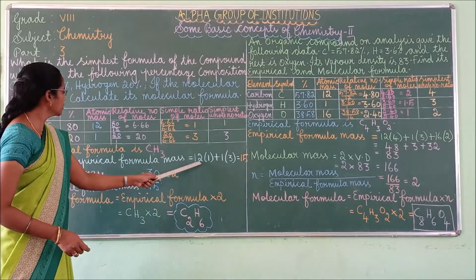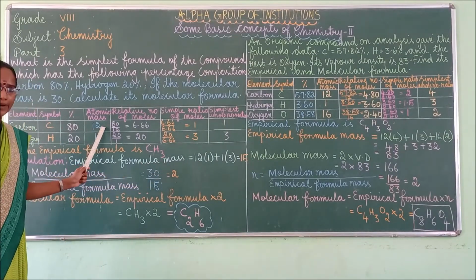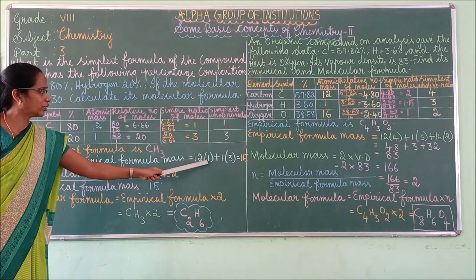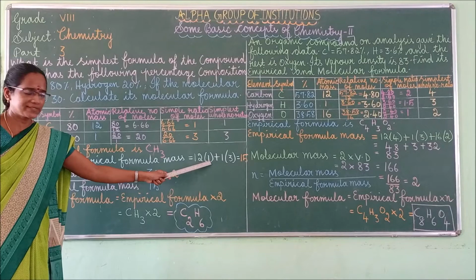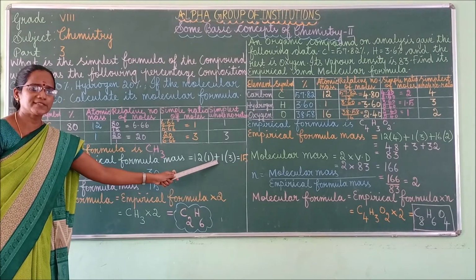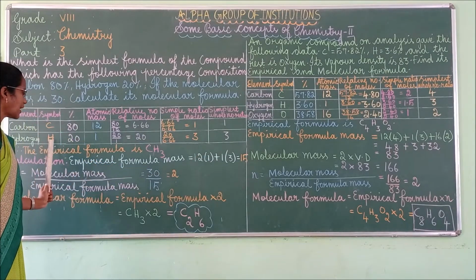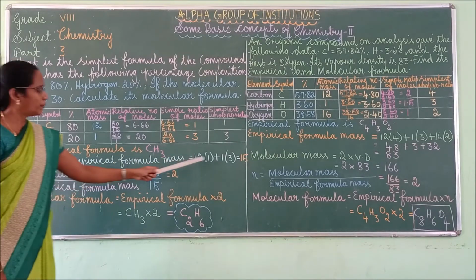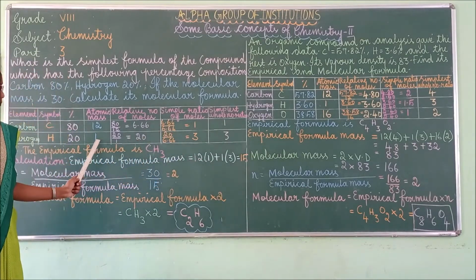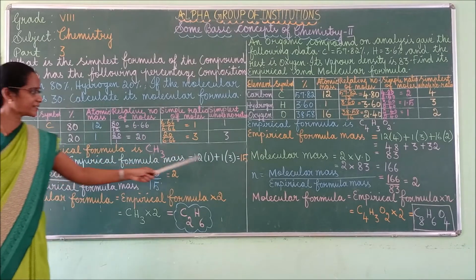For example, 12 is given for carbon, isn't it? So 12 into, what is the simplest whole number ratio? It is 1, isn't it? Plus, why plus? Because both carbon and hydrogen combine here, isn't it? So we have to add. Plus, what is the atomic mass of hydrogen? It is 1.